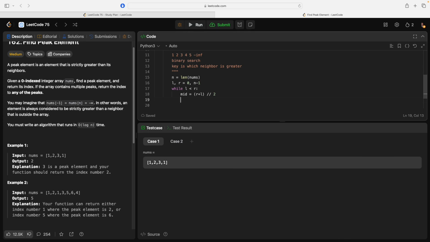Now we'll say, why don't we just say if length of nums equals 1, return 0?